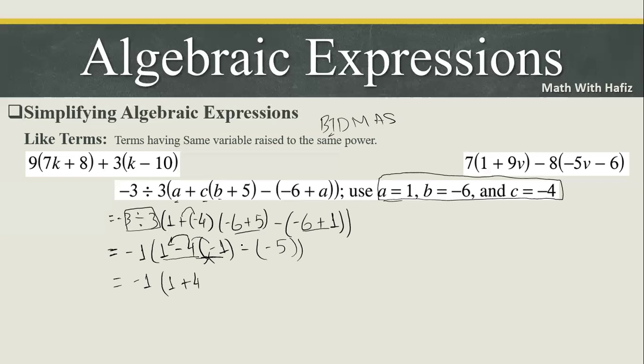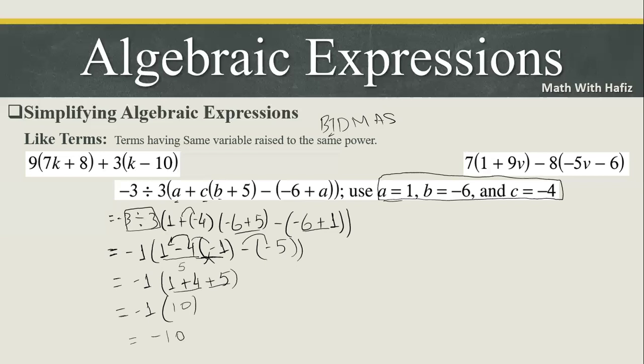All right. Then we have negative and negative, it will be +5. So I can add them up. We will have -1 outside as it is. 1 plus 4, it is 5. And 5 plus 5, it is 10. So -1 multiplied by 10, it will be -10.